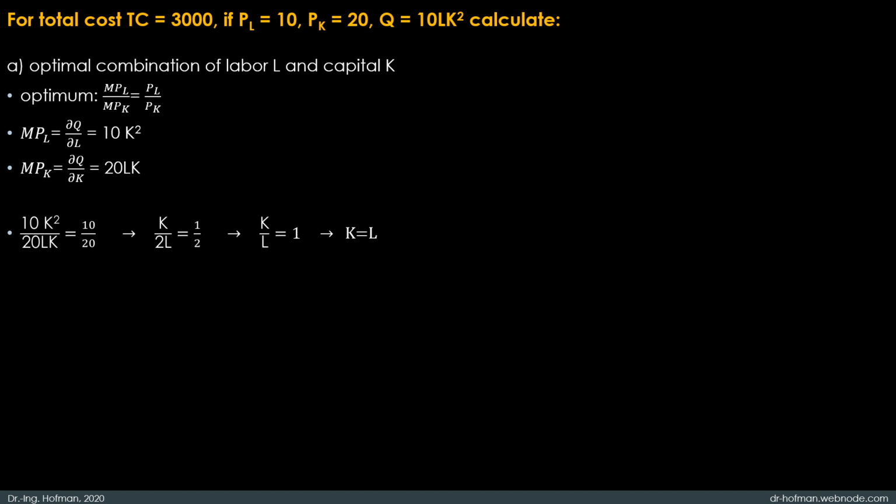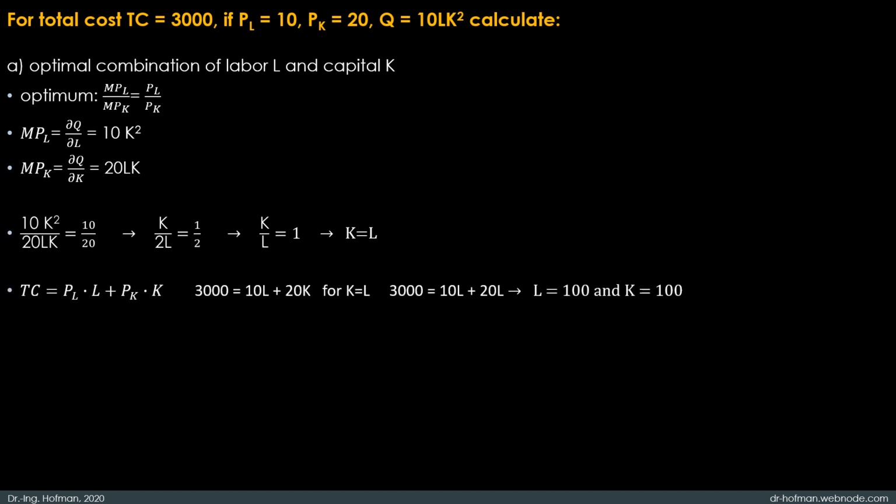Total cost equals PL times L plus PK times K. It says that price of labor times units of labor plus price of capital times units of capital gives total cost. Here total cost was given 3000.